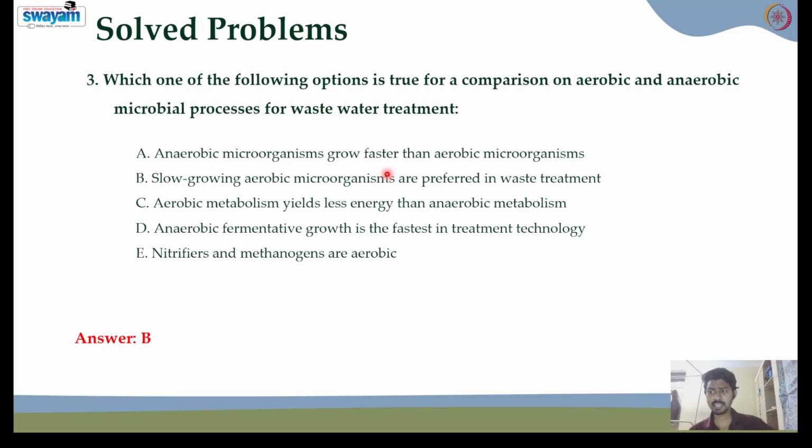And why not the other statements? We will see. First statement, anaerobic microorganisms grow faster than aerobic microorganisms. No, it is false because aerobic microorganisms grow faster. Anaerobic usually grow slower because of their electron acceptor. And we all know the difference between aerobic and anaerobic process, right? Aerobic means, anyone?